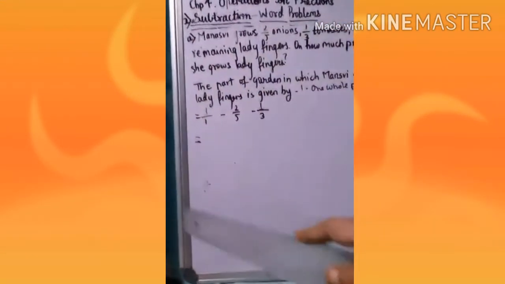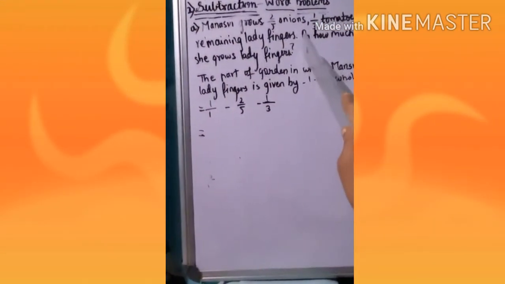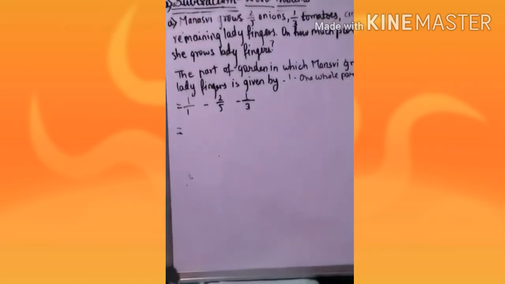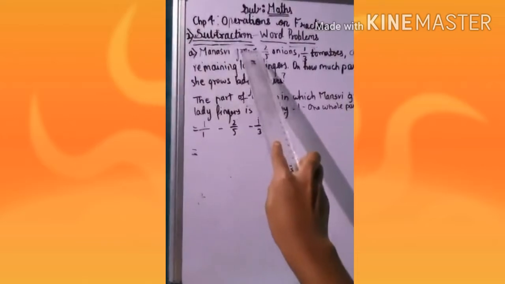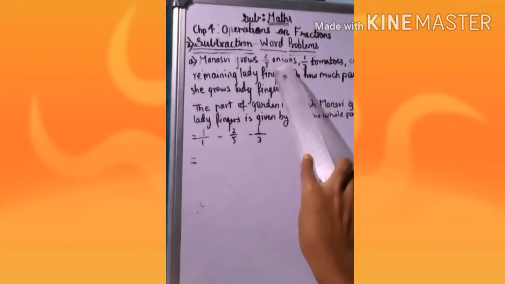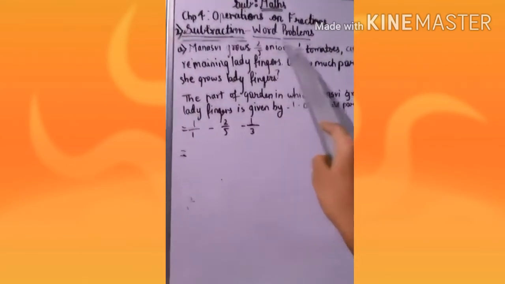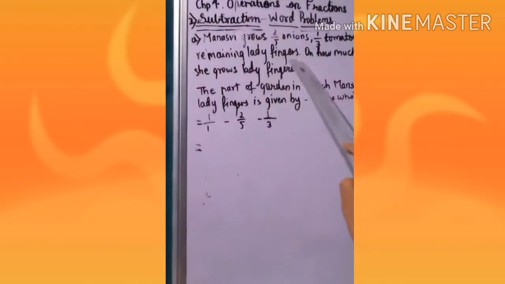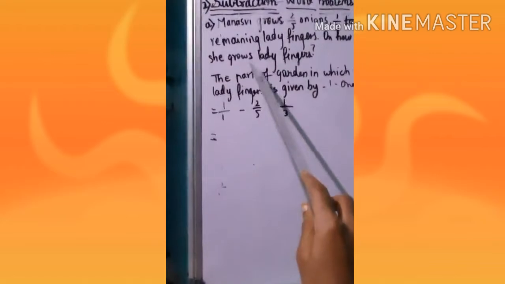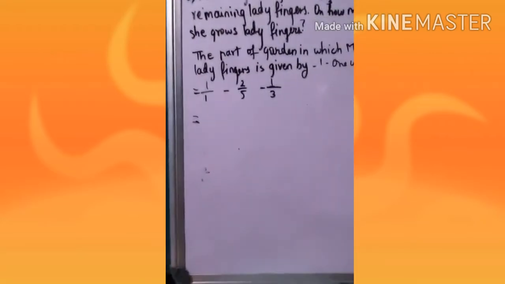Now this is an example of a subtraction word problem. Manasvi grows 2 upon 5 onions, 1 upon 3 tomatoes and the remaining lady fingers. On how much part does she grow lady fingers?